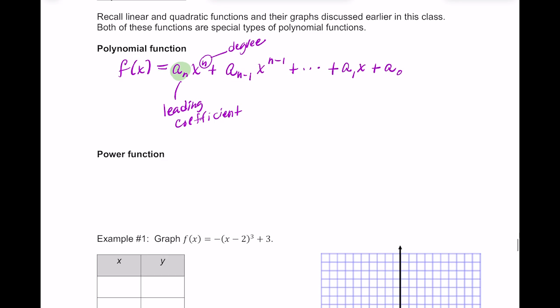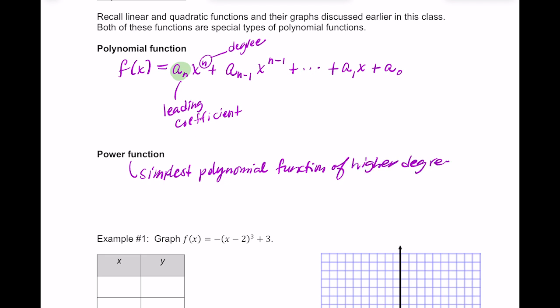A power function is a specific type of polynomial function. It's actually the simplest polynomial function of higher degree, and it's in the form f of x equals x to the n.